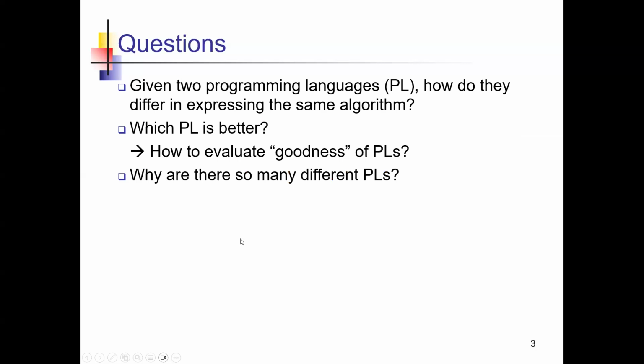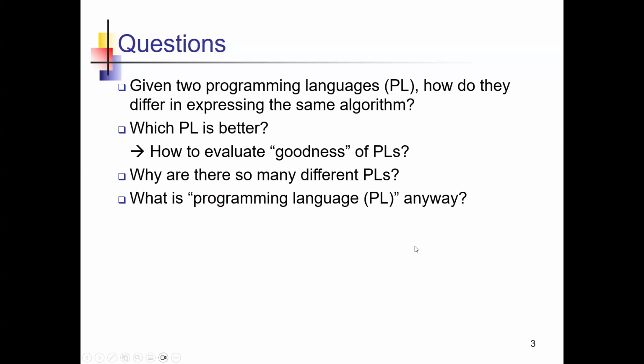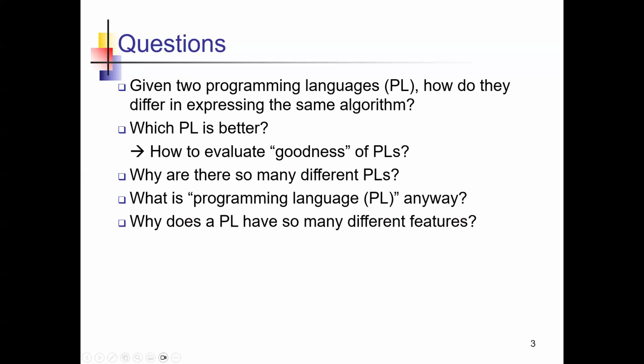Also, why are there so many different programming languages? What is a programming language anyway? Actually, that will be our first discussion. We shall go through the definition and the purpose of programming language. Also, why does a programming language have so many different features?